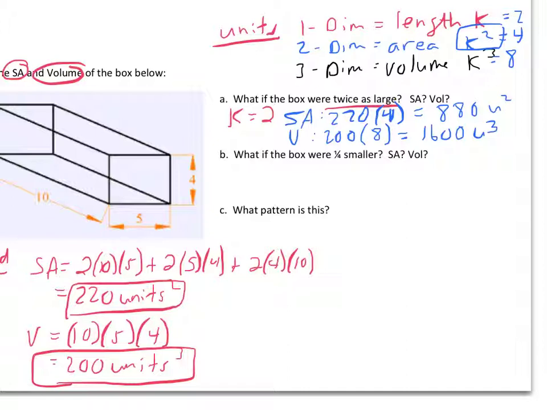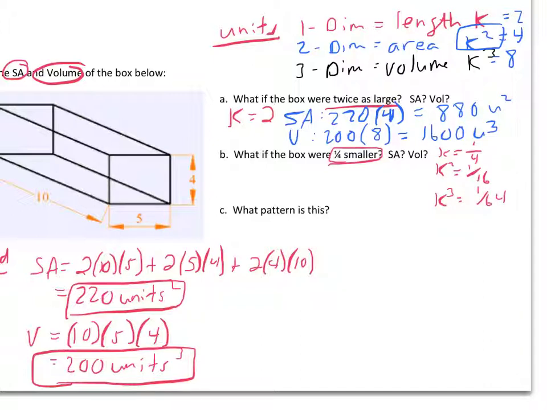What if the box were 1/4 smaller? In this case K is 1/4. So K squared would be 1/16, and K cubed would be 1/64.